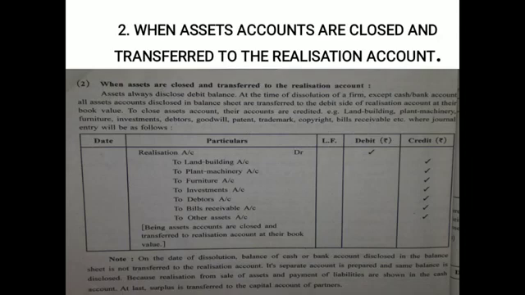So when assets accounts are closed and transferred to the realization account, all these journal entries are extremely important to understand and learn. The practical sums are completely based on this. I repeat this again and again. Now you know very well that assets always disclose a debit balance.